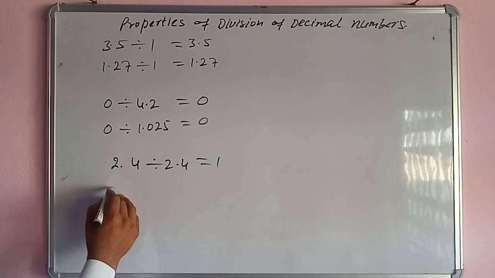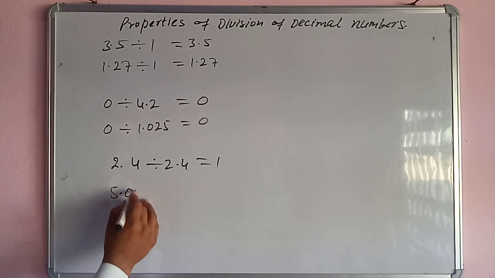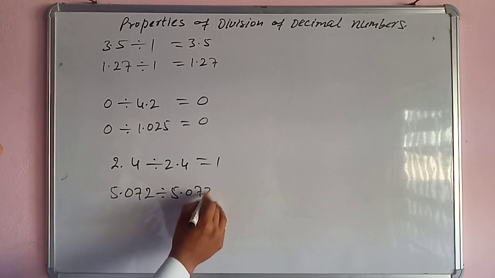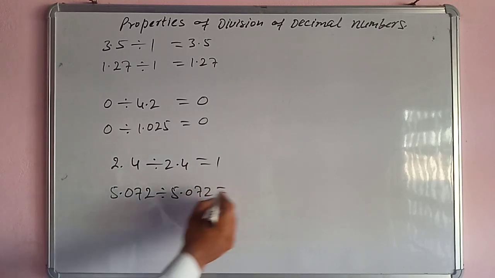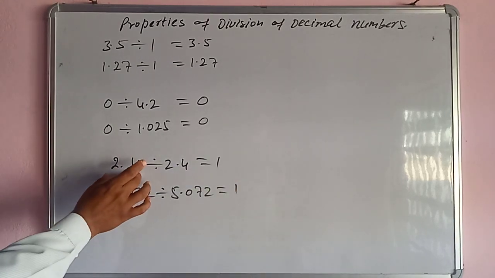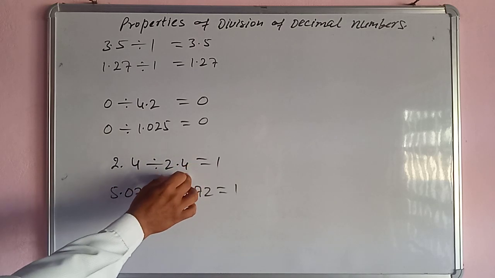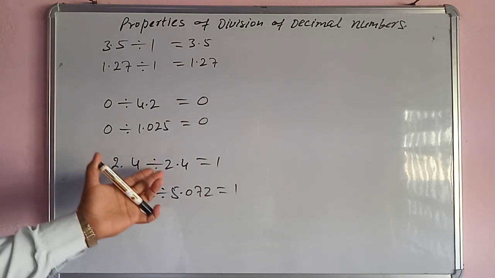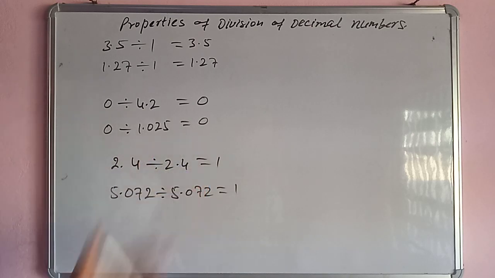And if we divide 5.072 by 5.072, the quotient is 1. So if we divide any number by the same number, the quotient is always equal to 1. A decimal number divided by itself always gives the quotient 1.